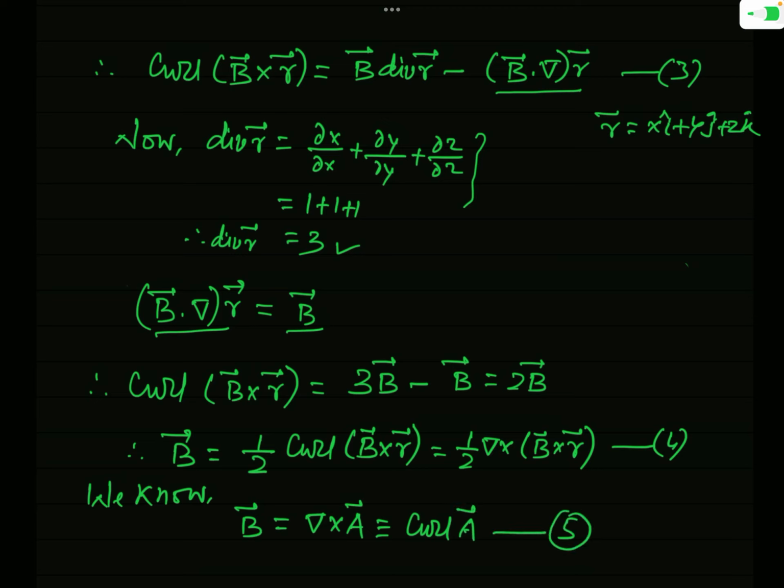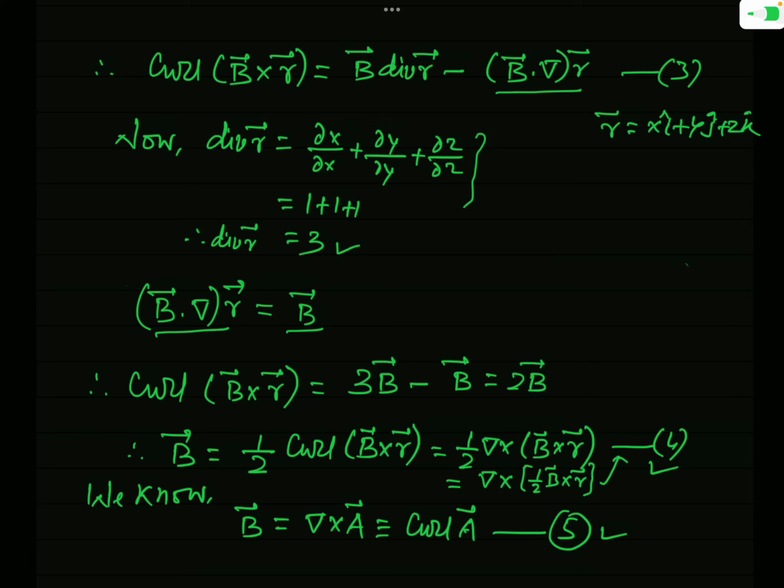Now let us compare equation number 4 and equation number 5. Since 1 over 2 is a constant factor, this result may also be written as del cross 1 over 2 B cross R, because 1 by 2 is a constant, so it can be written inside the bracket, inside this operator.